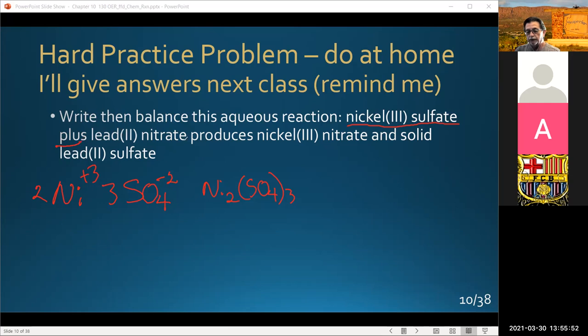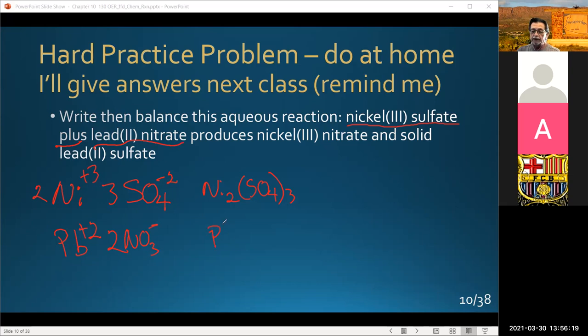But now we got to do lead 2. Well, lead 2 is the +2. And the nitrate, go to the polyatomic ion table. You'll find that to be NO3 -1. Okay. And so I need 2 nitrates for every lead 2.